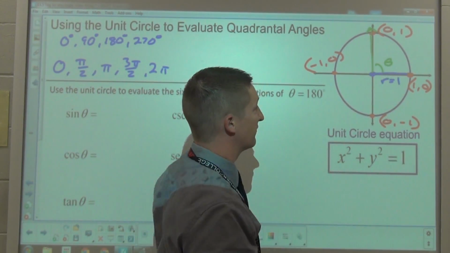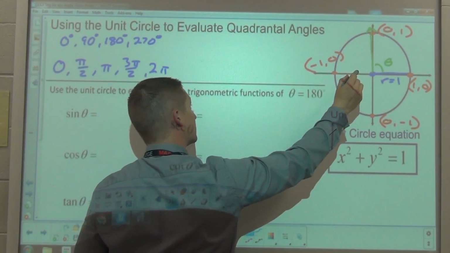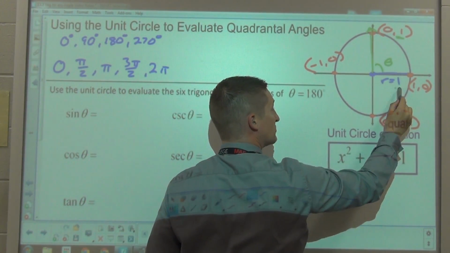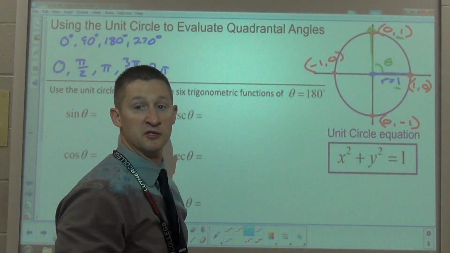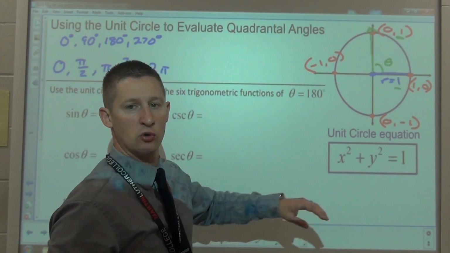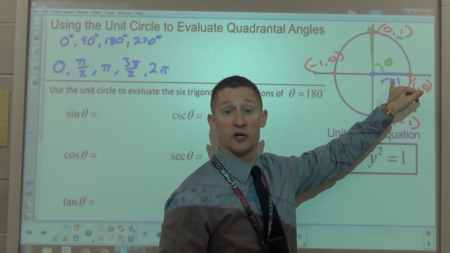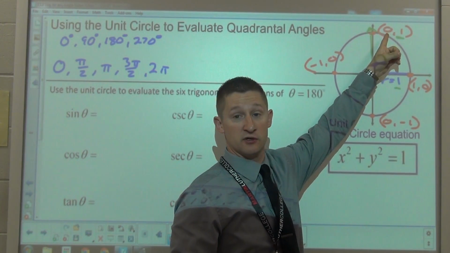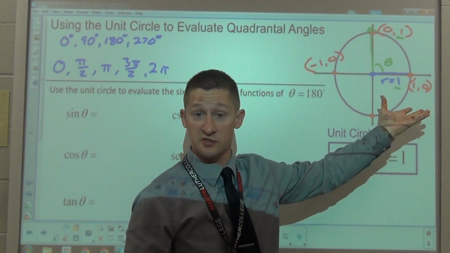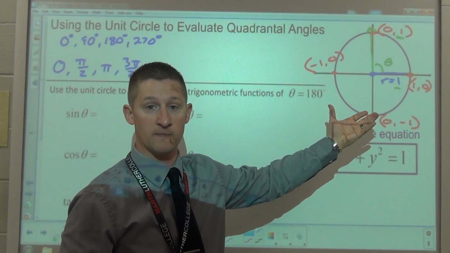So as I try to find out what's the value of the sine of 90 degrees, it's going to be y, which is 1, over r, which is 1. That means that the sine of 90 must be 1. And if I wanted the cosine of 90, cosine is always the x value over the r value. If I'm talking about a unit circle, the x value is 0, and r, the radius out to that point, is going to be 1. So 0 over 1 equals 0, so the cosine of 90 degrees must be 0.